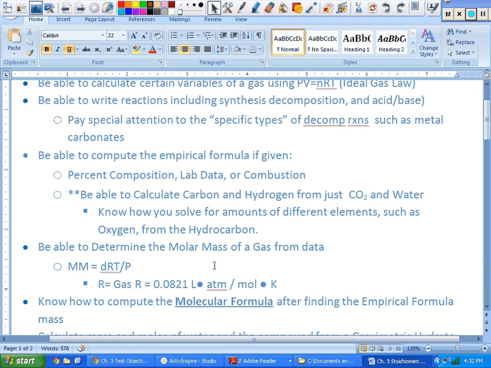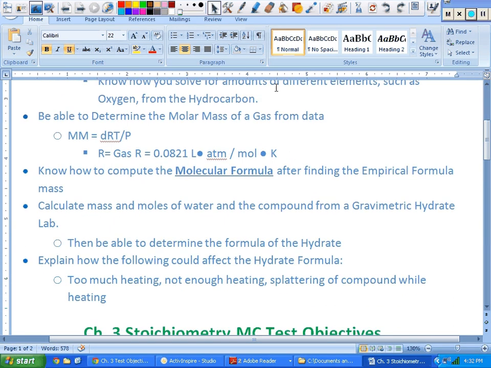This is something that I also want to make sure that you know how to do: be able to determine the molar mass of a gas. Remember, this had a funny, cool little acronym. This is not millimole. This is the molar mass, kitty cat.